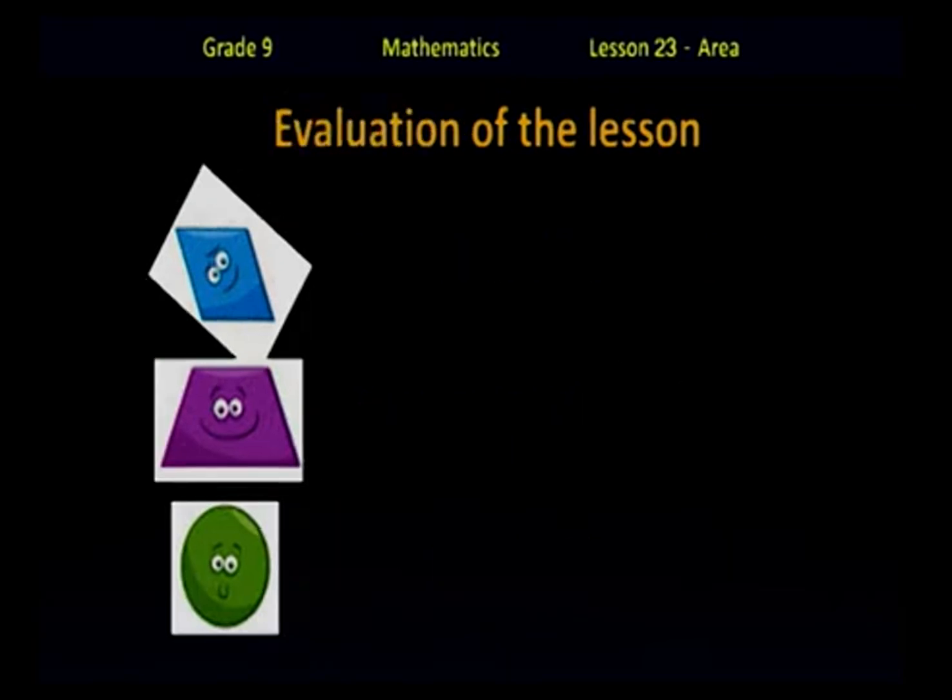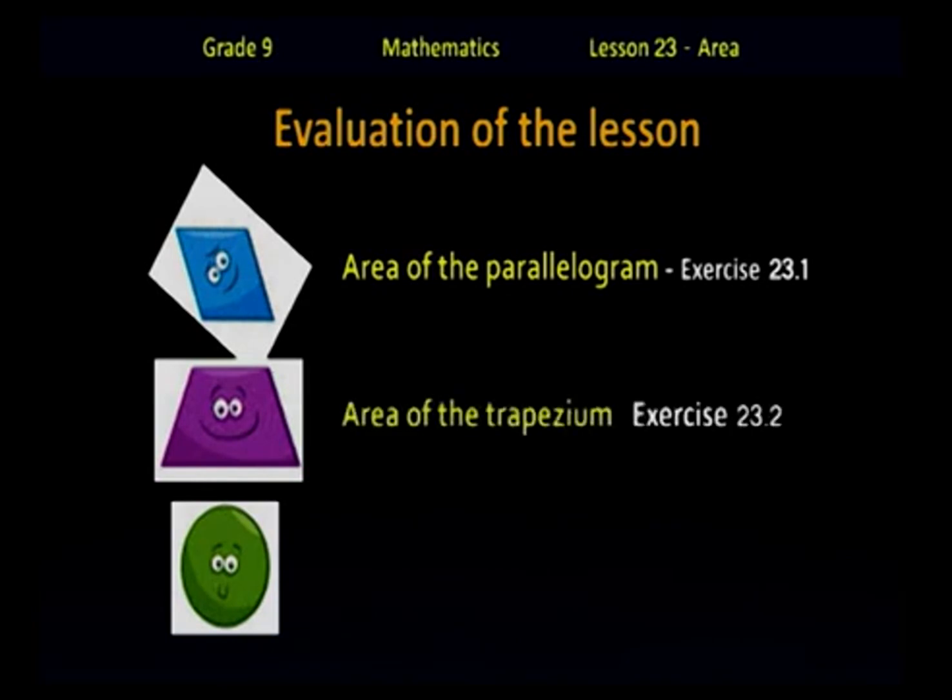Now, what is the evaluation? Dear students, you can complete your exercises. You have exercise 23.1 to find the area of the parallelogram and exercise 23.2 to find the area of the trapezium. Then you can apply your knowledge in exercise 23.3, using the area of the circle.